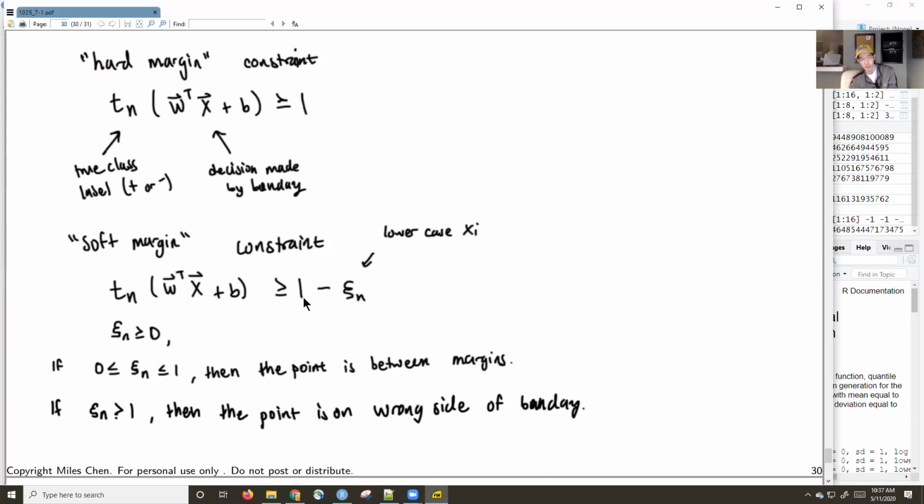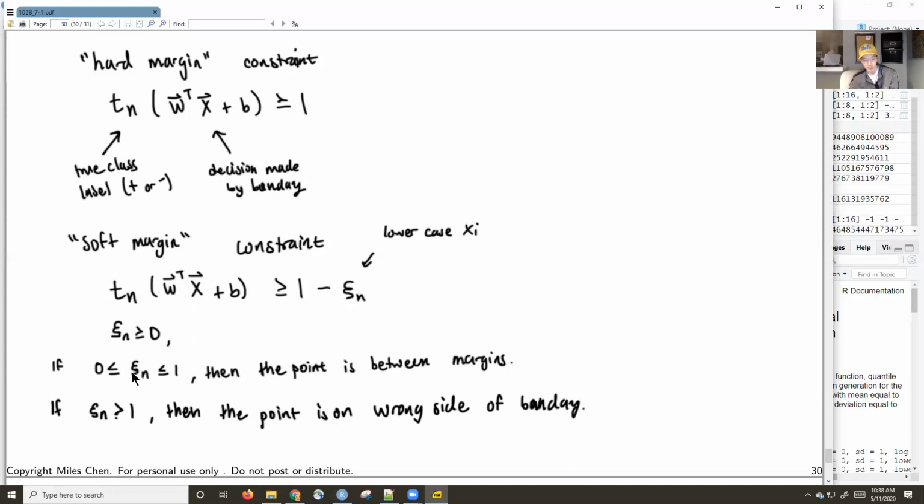We're going to allow the label times the boundary to not have to be greater than 1. It can be a number smaller than 1, and so this is xi sub n. Xi sub n just has to be a value larger than 0.